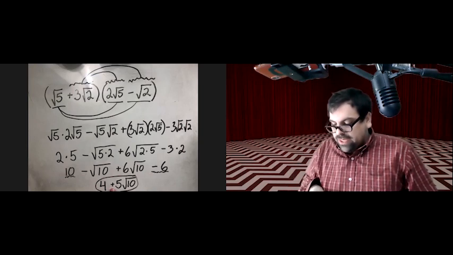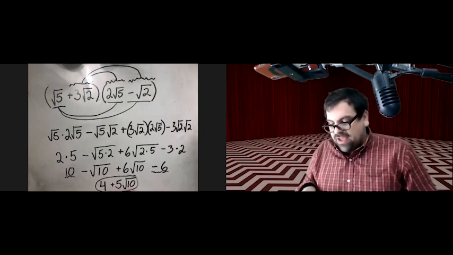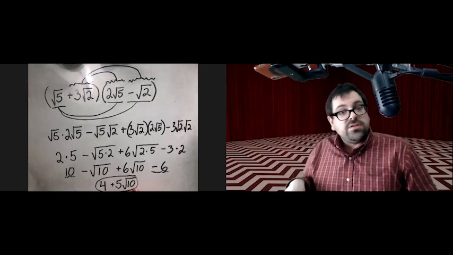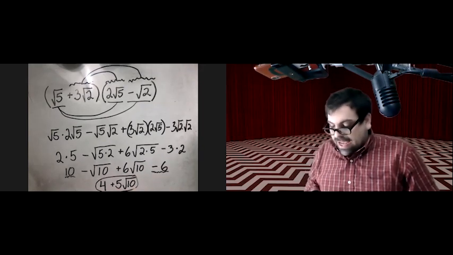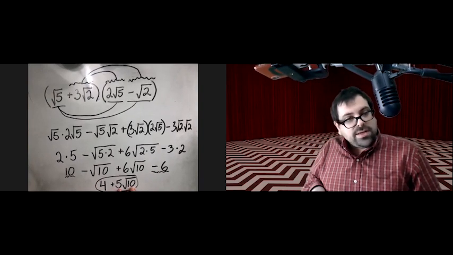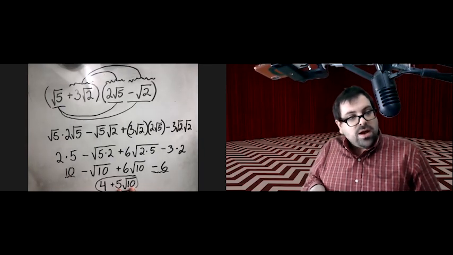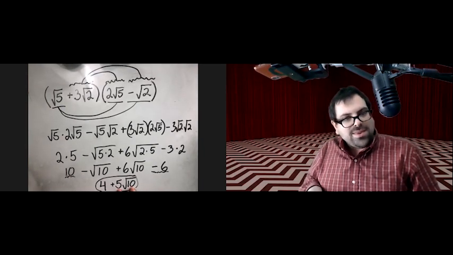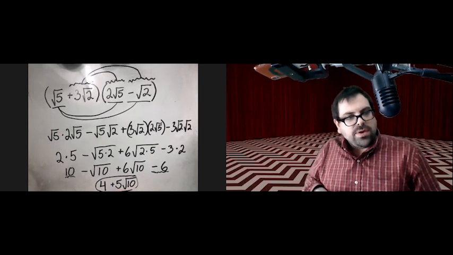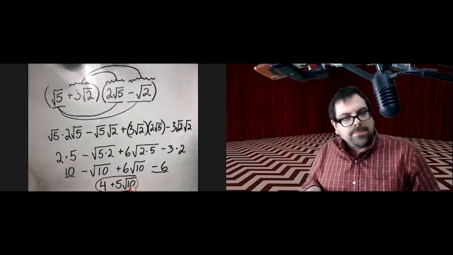But then if you come to here, 4 plus 5 times radical 10, and you violate order of operations, which says you multiply before you add, therefore this is a thing that is kept together because multiplication comes first. You cannot add 4 to this and end up with 9 radical 10s. You cannot combine these. They are not like radicals, so you cannot add them together.